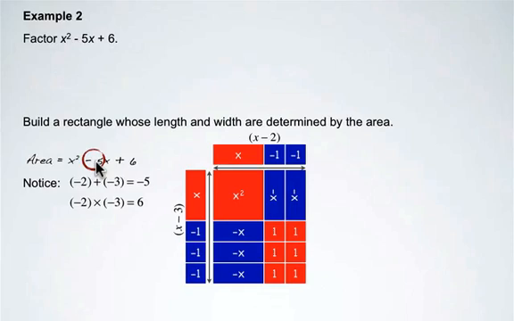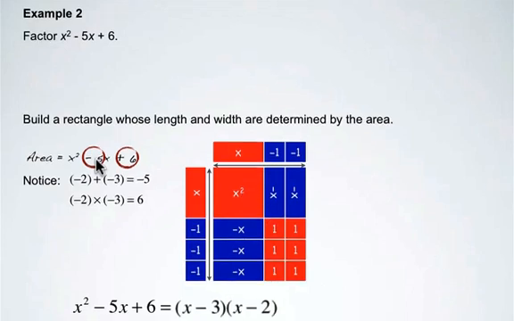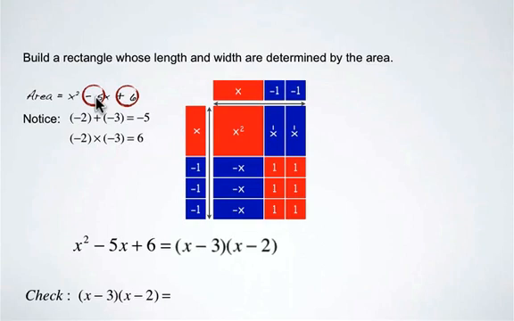Also notice that negative 2 times negative 3 is 6, the third term. So, we can say that x squared minus 5x plus 6 is equal to x minus 3 times x minus 2. We'll do a quick check of our factored form.